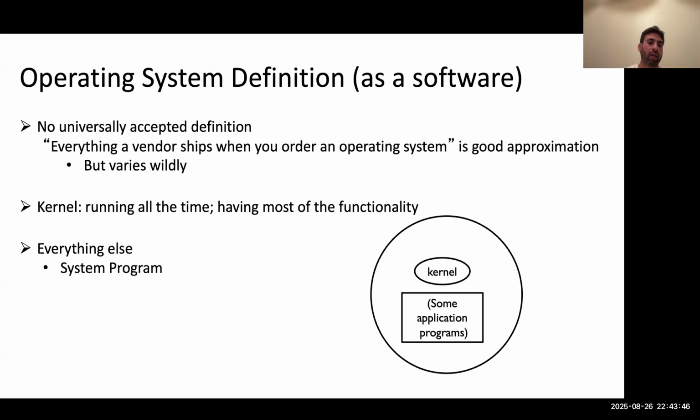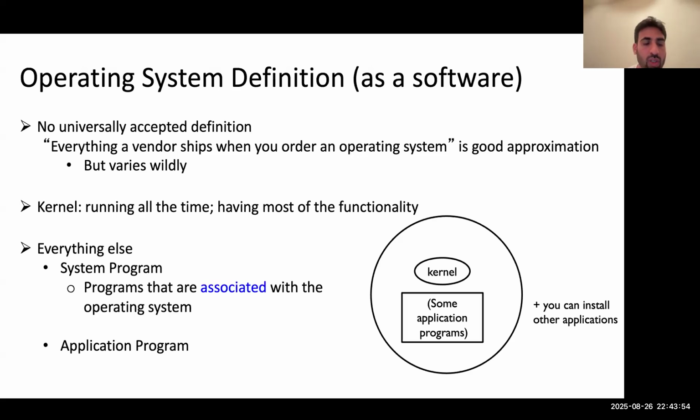So, other than the kernel, everything else in the system is either a system program or an application program. A system program is one which is associated with the operating system, and it provides some kind of services to the application programs on behalf of the operating system.